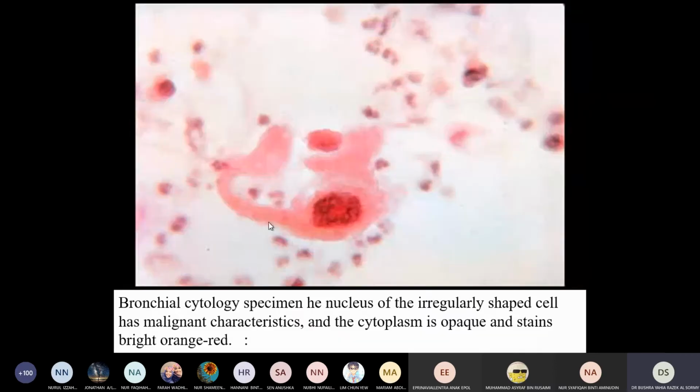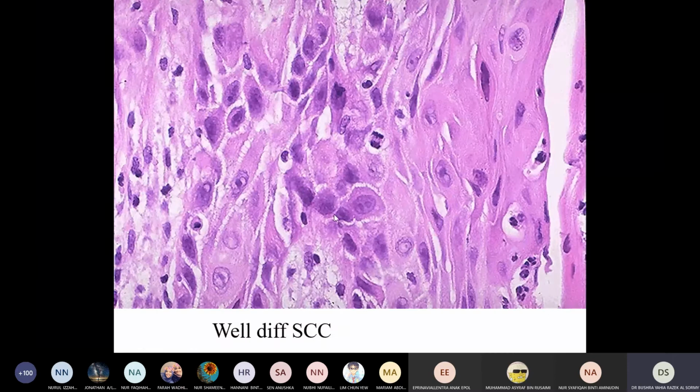You can see this is the cytology from bronchial lavage. You can see squamous cells and a high NC ratio. If we see this kind of cells, we consider them malignant. Okay, this is histology. We can see the tumor with large polyhedral cells with high NC ratio and prominent nucleoli.